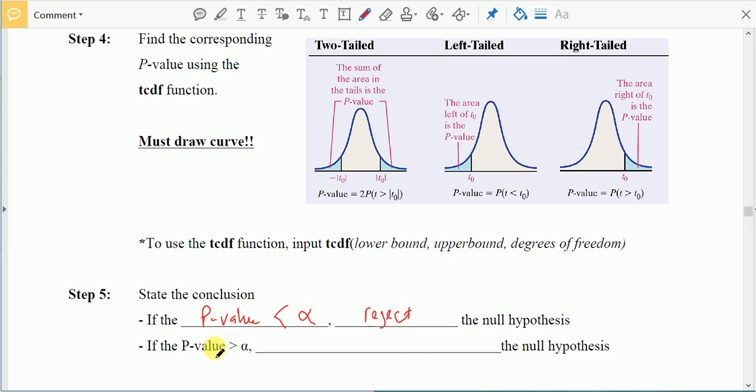If the p-value is bigger than alpha, then do not reject the null hypothesis. So the goal is to be able to reject or not reject the null hypothesis. This is the given data, the given facts, and we want to prove whether something else is correct or not. So that's why we come up with the p-value, and if it's really small, less than alpha, we reject. If not, we do not reject.